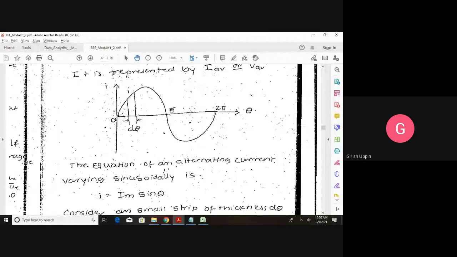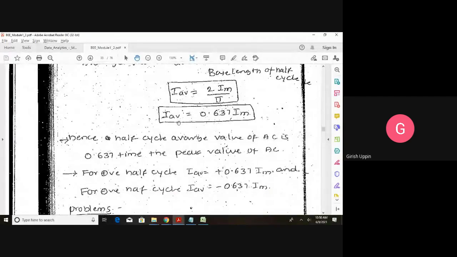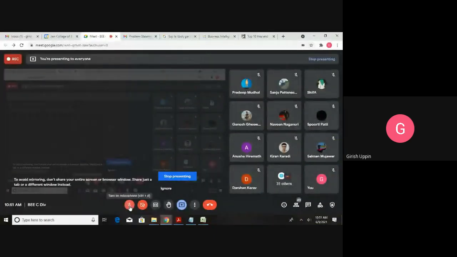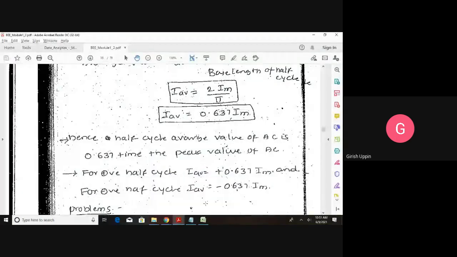So I average is equal to 2Im divided by pi, which is I average equal to 0.637 Im.